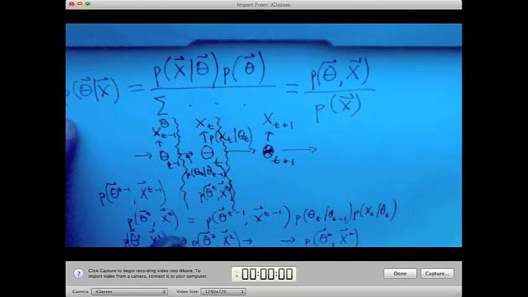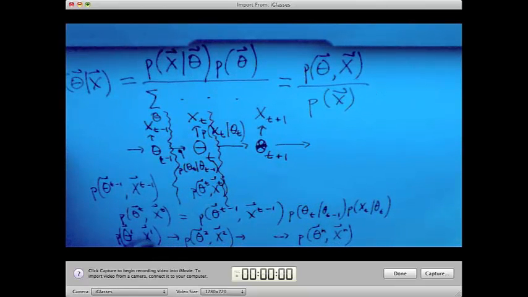We can actually get the denominator as well.